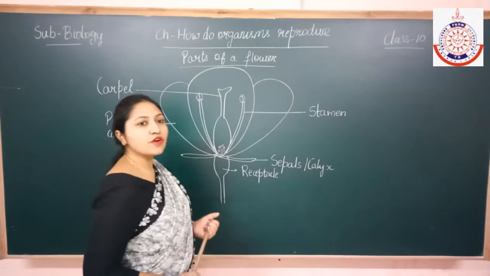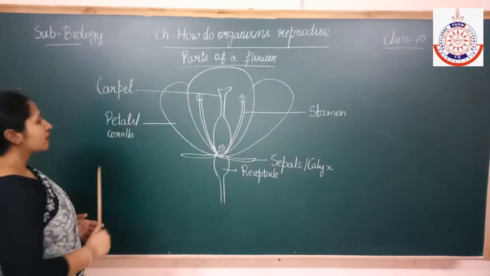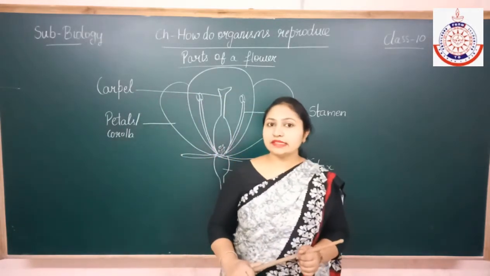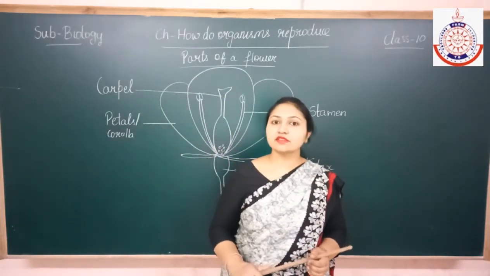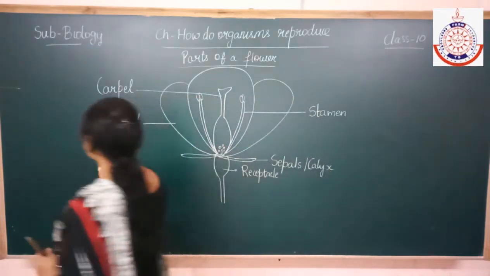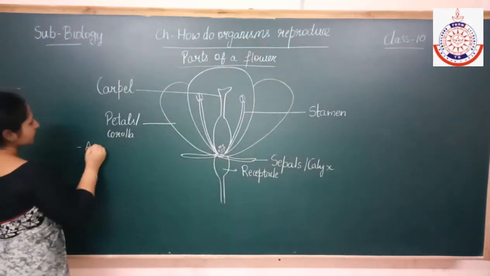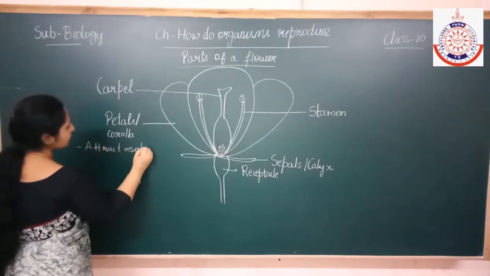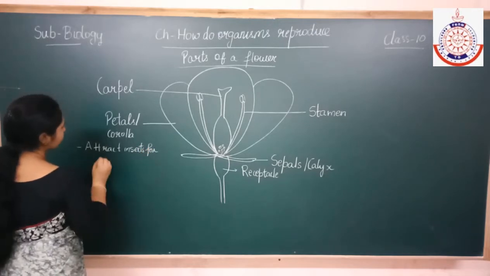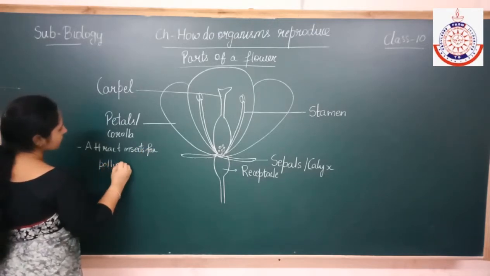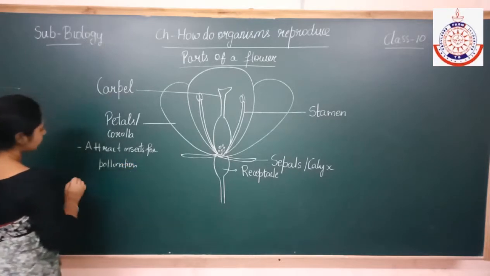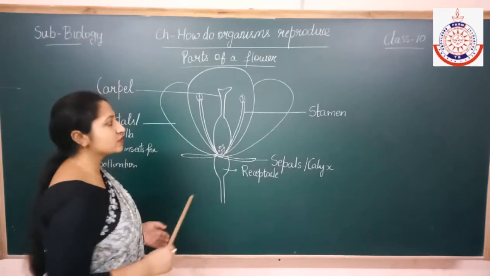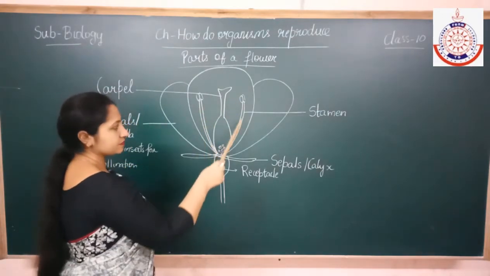So what is the function of the petals here? As they are colorful, they attract insects for pollination. And one more function is that they protect the reproductive organs which are present inside.